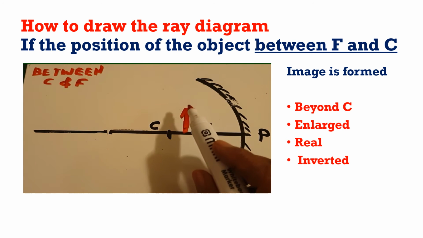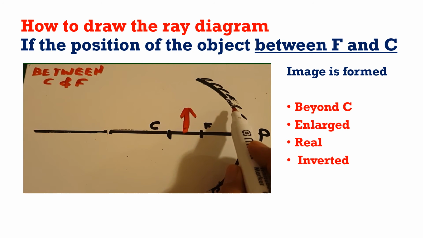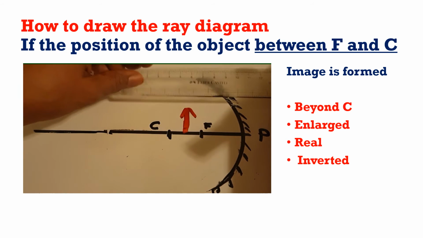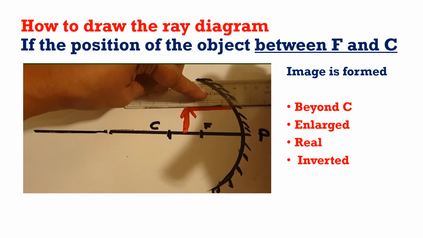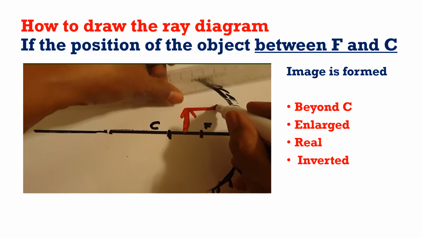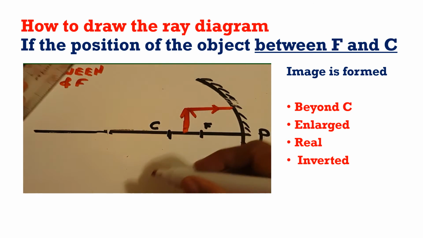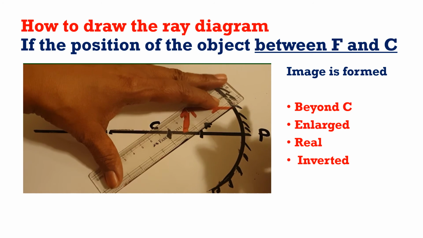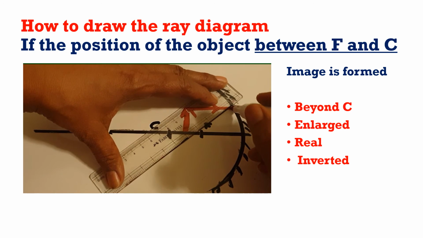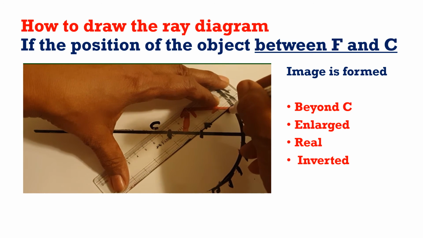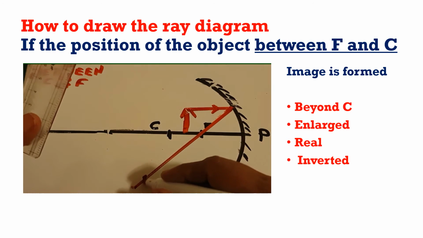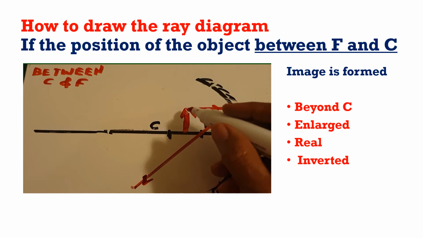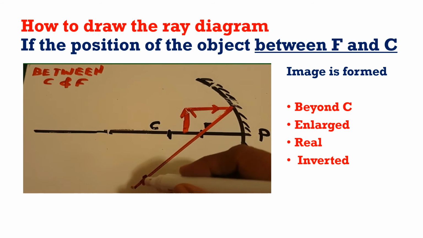For that we will take two rays, one ray parallel to the principal axis reaching the mirror. That ray after reflection from the mirror will pass through the focus. This we did now many times, so it will be easy for you now. Now the second ray is passing through the center of curvature.